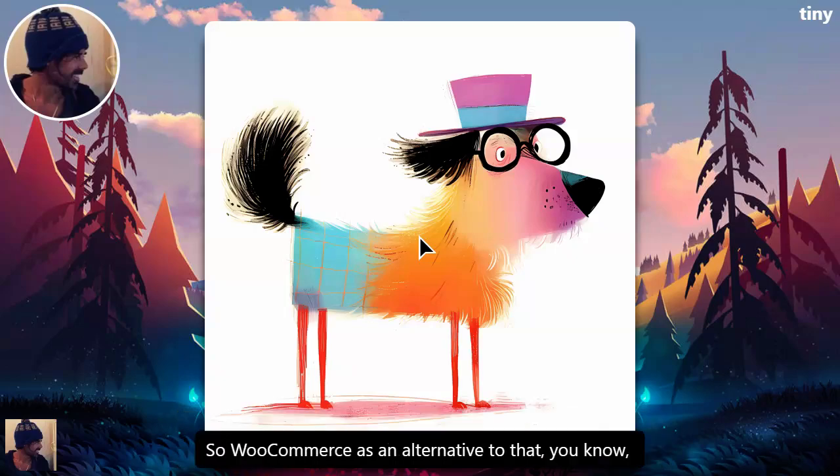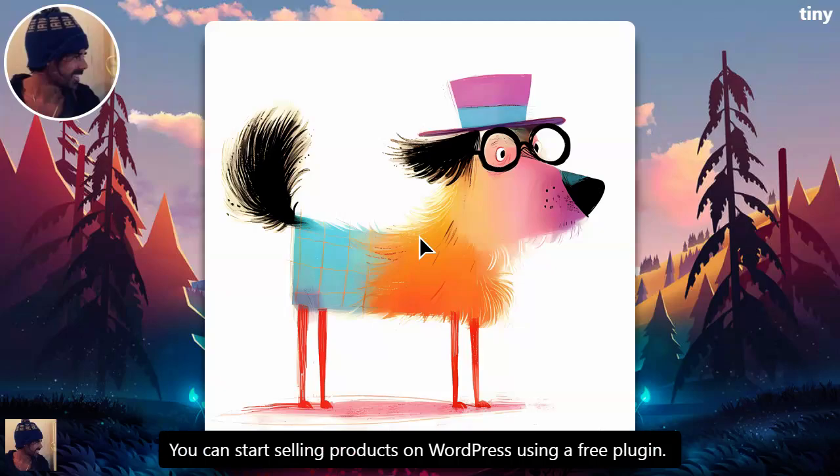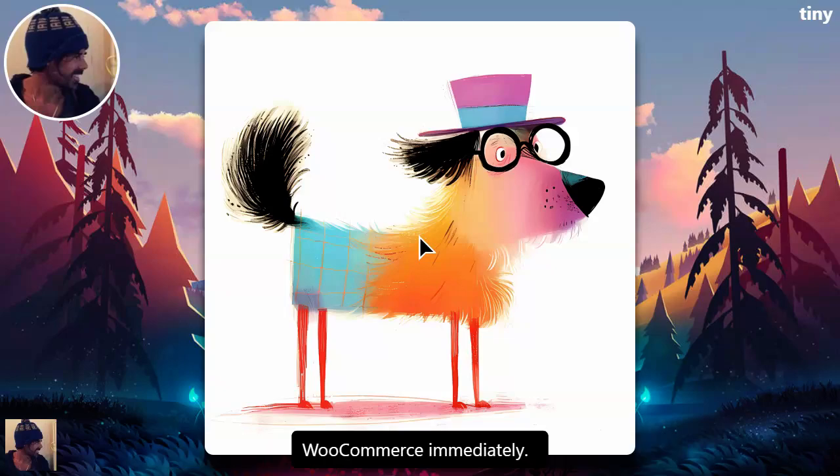So WooCommerce, as an alternative to that, is a completely self-contained e-commerce platform. You can start selling products on WordPress using a free plugin, WooCommerce, immediately, right? There's no external integration required.